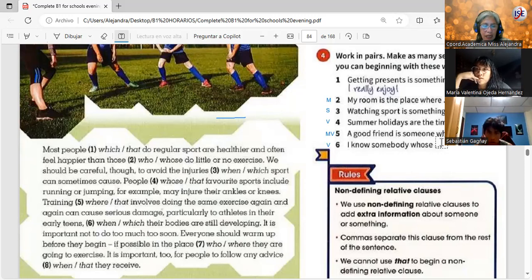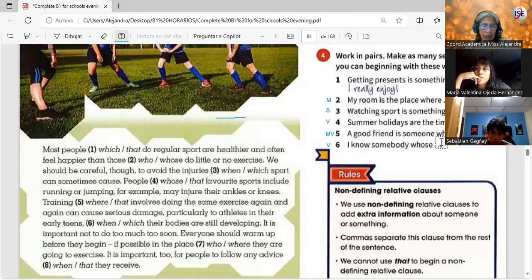Valentina, summer holidays are the time when? Maria Valentina, summer is the time when? Okay, Maria Valentina, a good friend is someone who? He listens, understands some situation. Okay, it can be. It's okay.